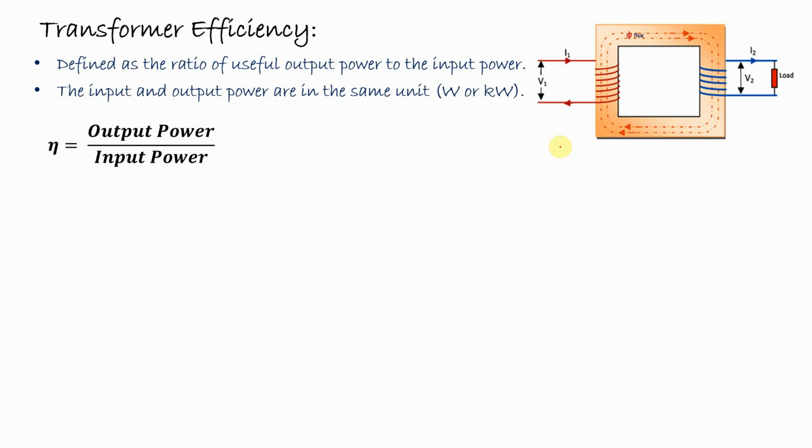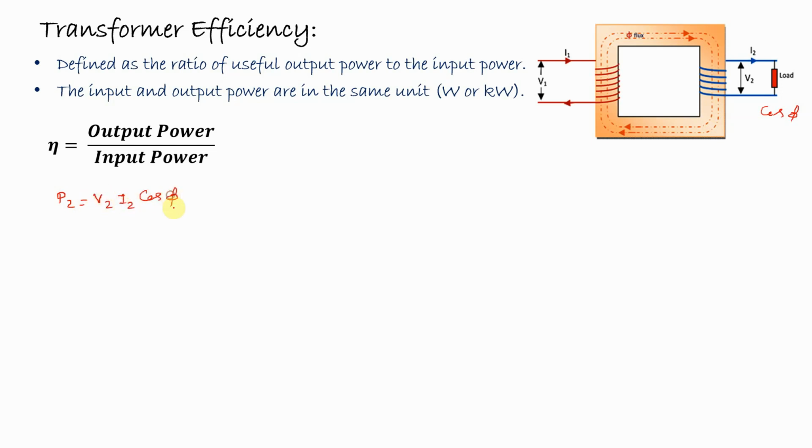Now here we can see that the voltage across the load is V2, the current flowing through the load is I2. Let's say the power factor of the load is cos phi. So the output power can be written as V2 I2 cos phi.